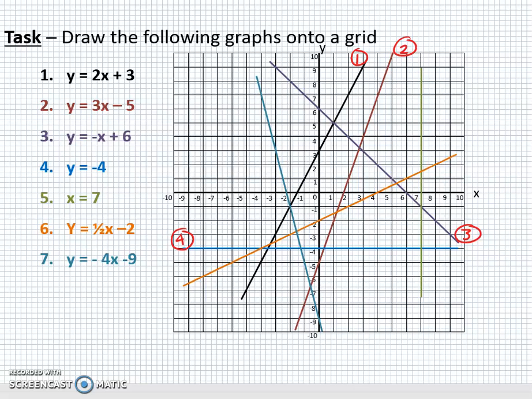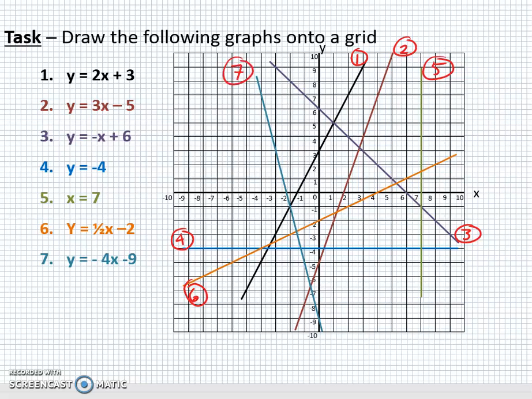Okay, so this is going to be a vertical line, so it's this green one here. I know it's a little bit difficult to see, but I was running out of color choices. So this is number 5 here. And number 6 is this quite shallow line here, so that's number 6, this orangey one here. And number 7 finally is this one just here. Okay, so that's number 7 just here.